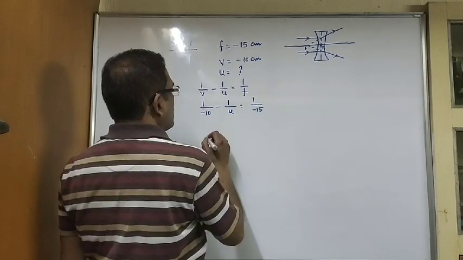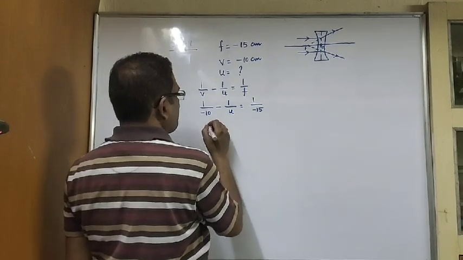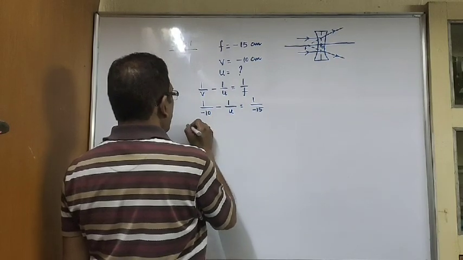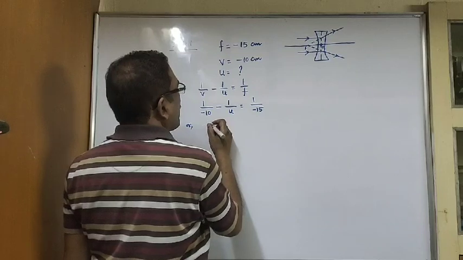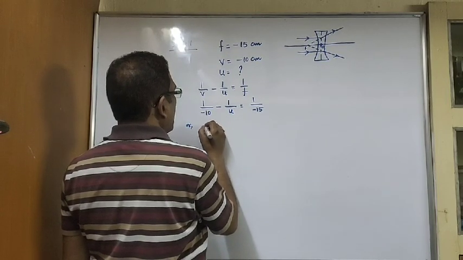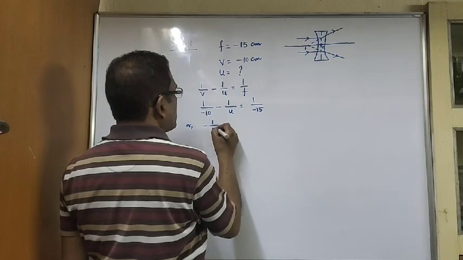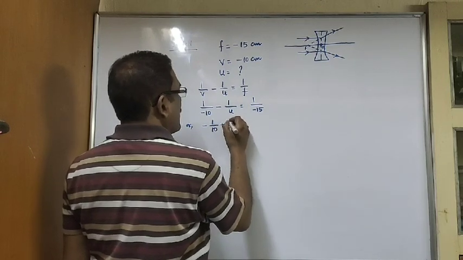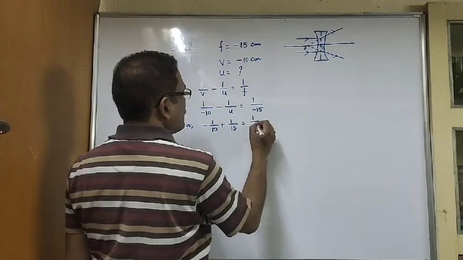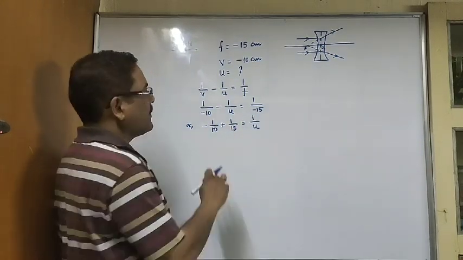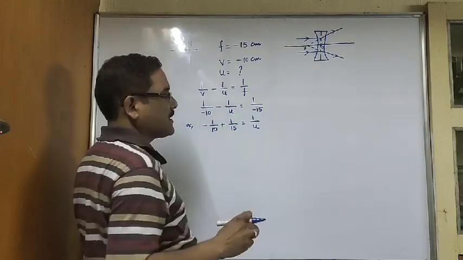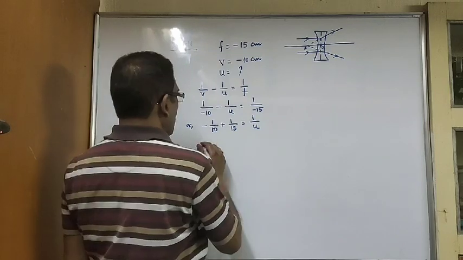Now this can be written as 1 by minus 10 plus 1 by 15 is equal to 1 by u. You can write in this way, we are shifting 1 by u to the right side and 1 by 15 towards the left side, so there is a change in sign.